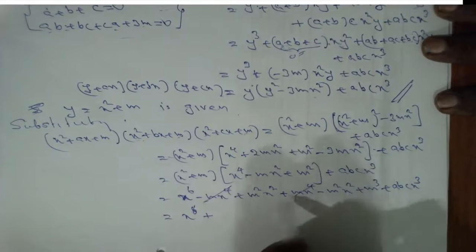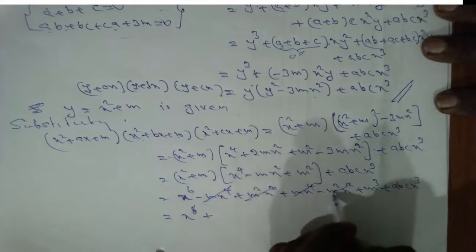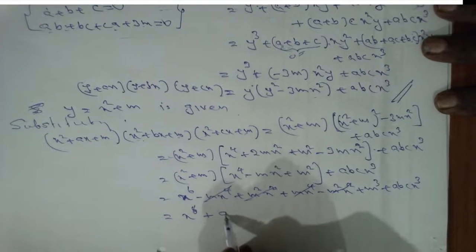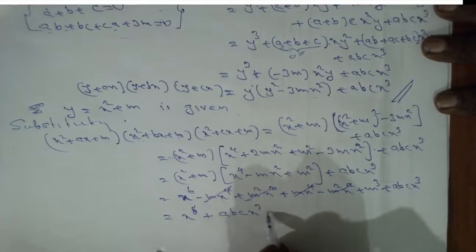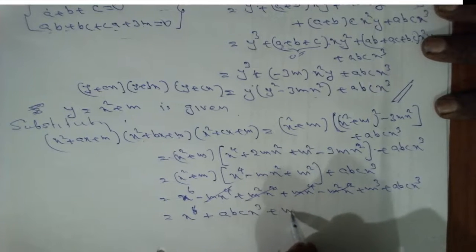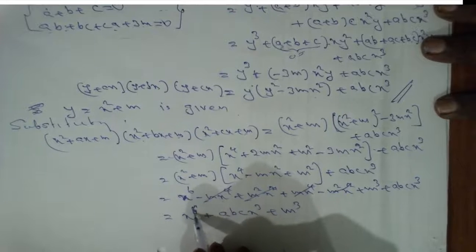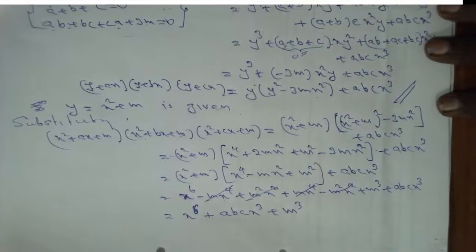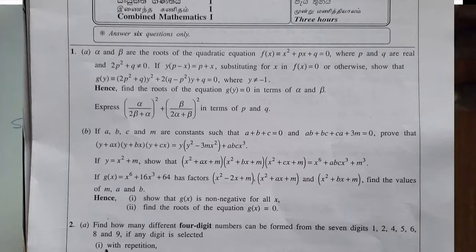So these two get cancelled, these two also get cancelled, plus abc x cube plus m cube. So very easy, no? Very easy sum. X to the power of 6 plus abc x cube plus m cube. Okay? So up to that point you don't have anything to think, just only to simplify, right? Equation.